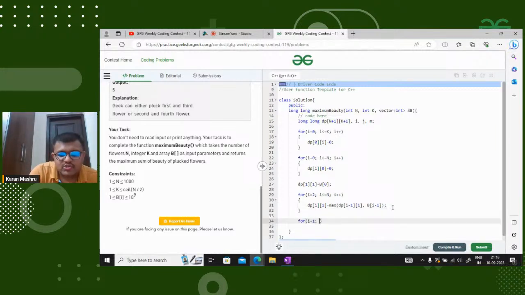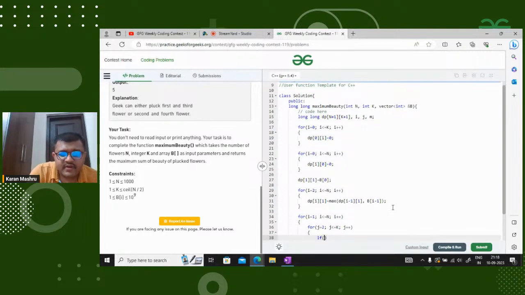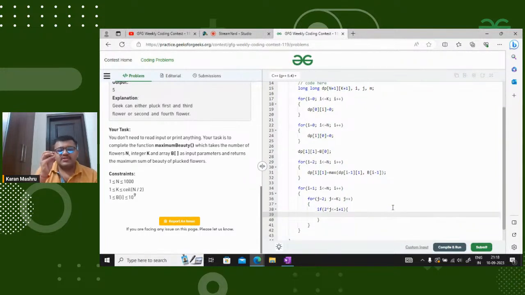So for i equals 1, i is less than or equal to n, i plus plus. For j equals 2, because for j equals 1 we have filled in, j is less than or equal to k, j plus plus. If 2 star j is less than or equal to i plus 1. Why? Because if I want j number of flowers, then the value of i, that is the number of flowers which I am considering, should be at least 2 star j minus 1, right?